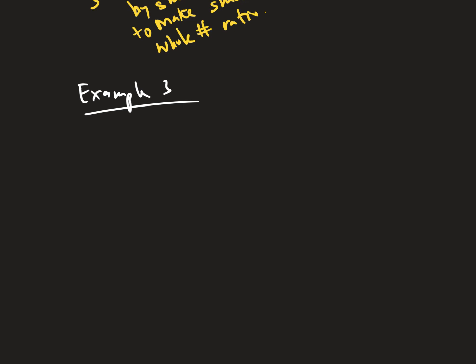We have a composition of 27.29% carbon, 72.71% oxygen. So we have a carbon-oxygen compound, right? And we want to know, what's the empirical formula? And again, ladies and gents, this is just the first step to get where we're going. Finding the empirical formula, we've got to convert grams to moles.